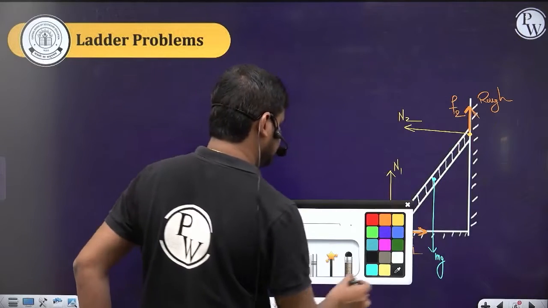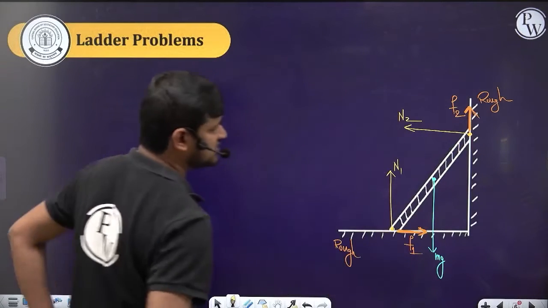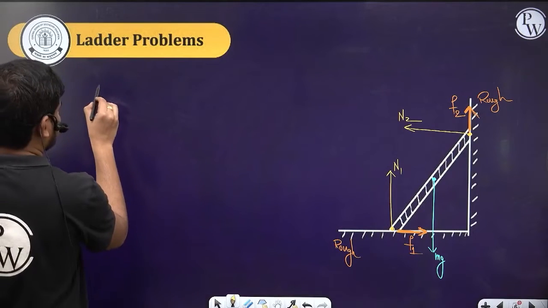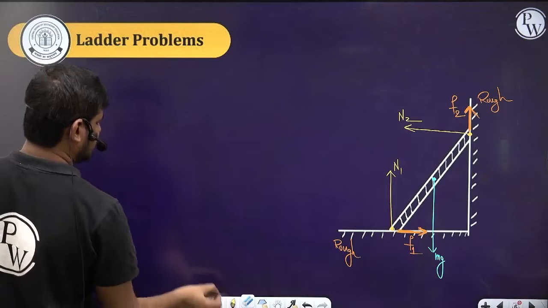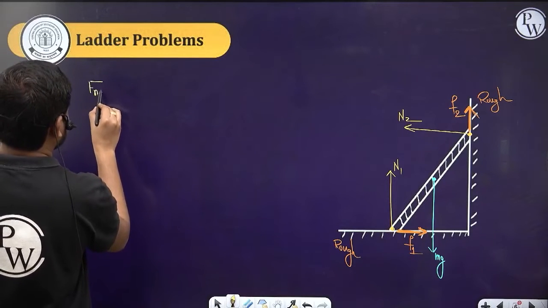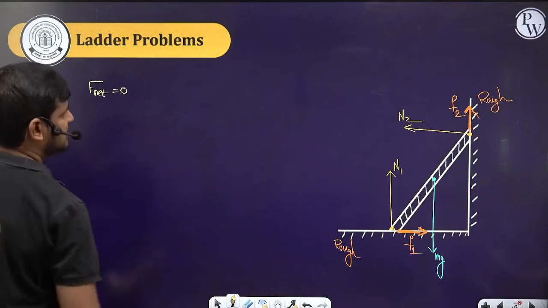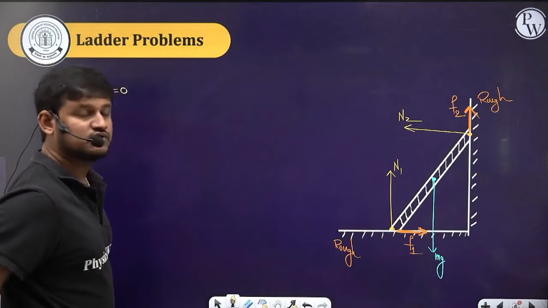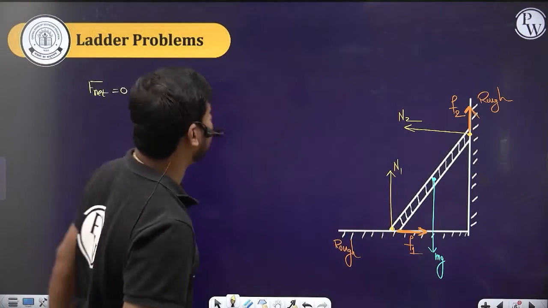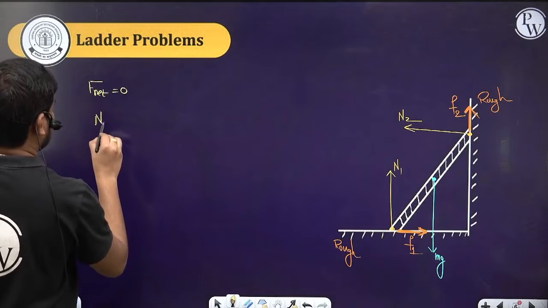Now we have got all the forces. So the net force acting on the body is 0; the summation of the forces F net is equal to 0. What are all the forces acting on the body? N1 must be equal to mg.